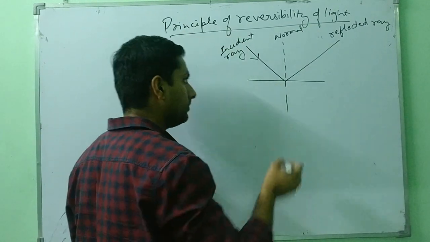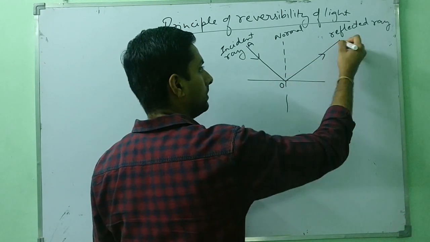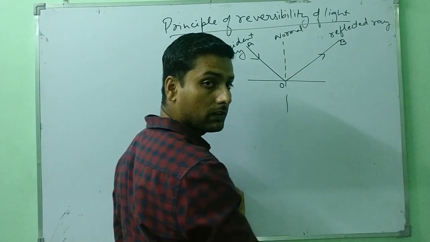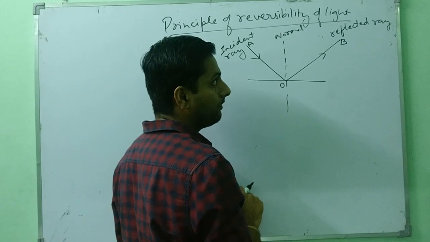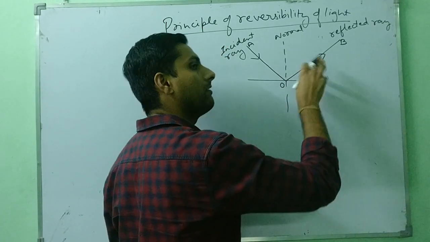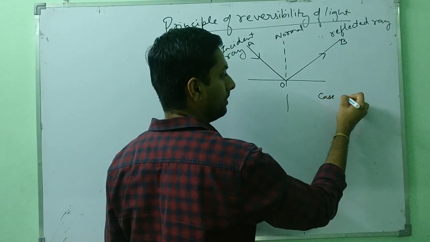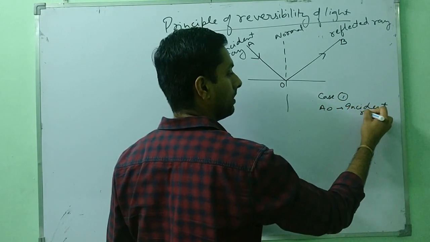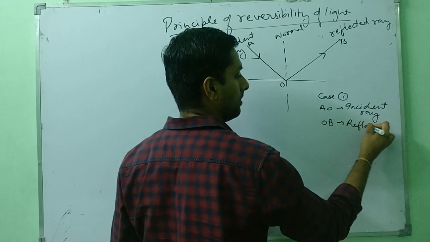Let us suppose this is AO and this is B. If AO is the incident ray, then OB is the reflected ray. The principle of reversibility says that if the path of light is reversed, it will again retrace its path. That means in case 1, AO is the incident ray and OB is the reflected ray.